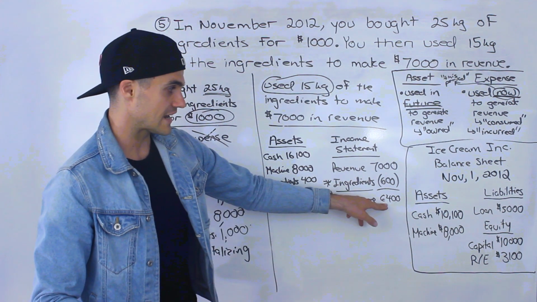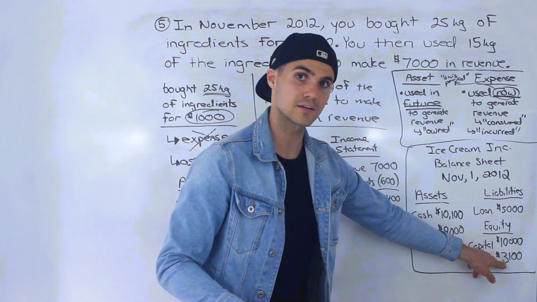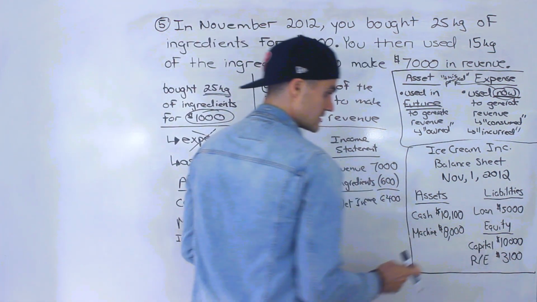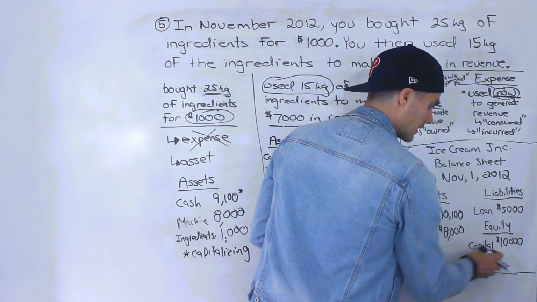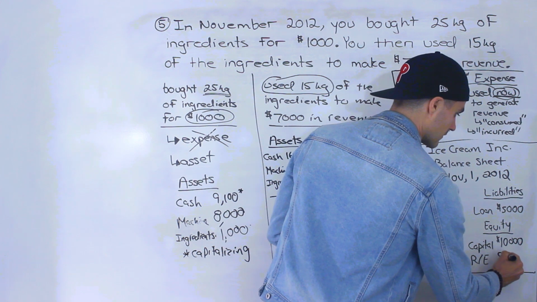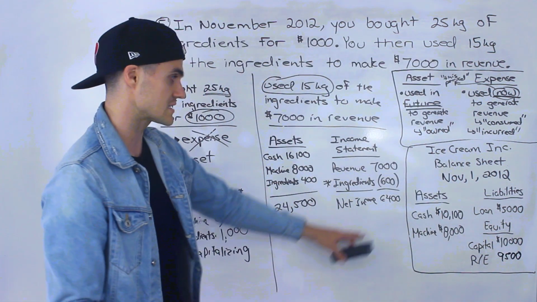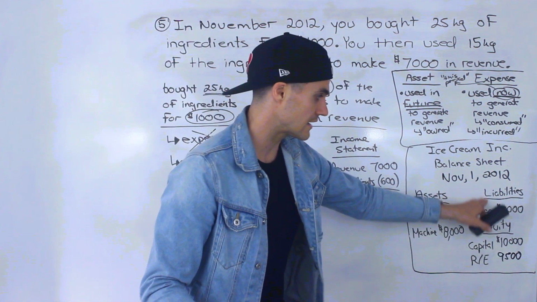Well, notice that this net income, where does the net income go to? It goes to retained earnings. Okay, so this 6,400 is going to flow into this retained earnings, and now the retained earnings is going to become 9,500. 3,100 plus the 6,400. So now this is going to be the right side of the balance sheet.